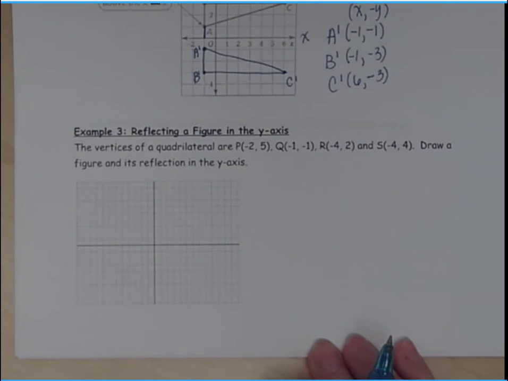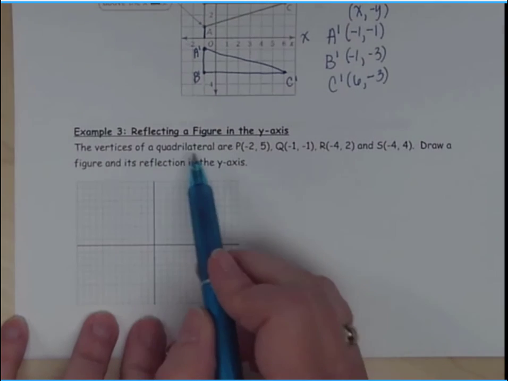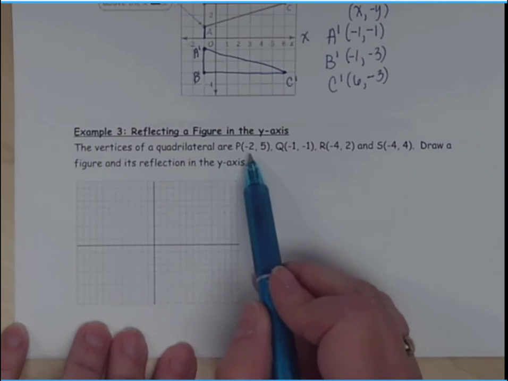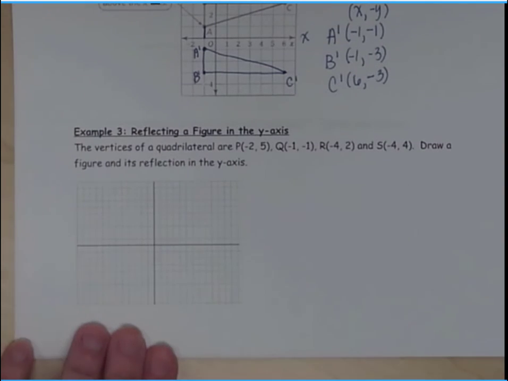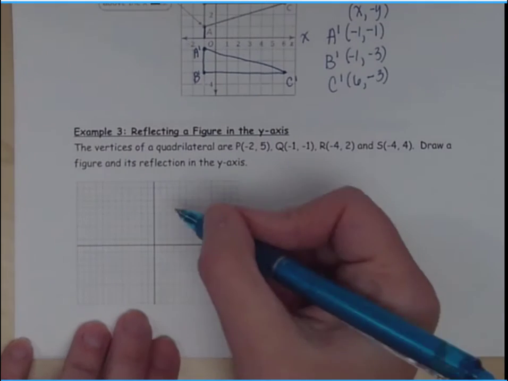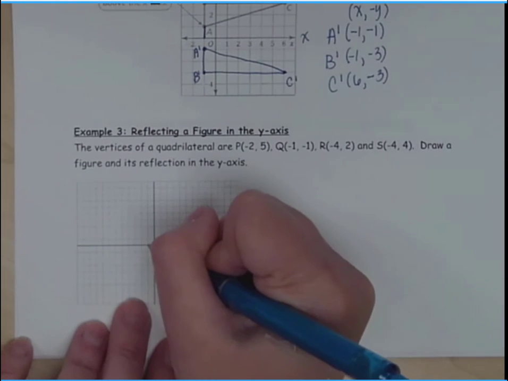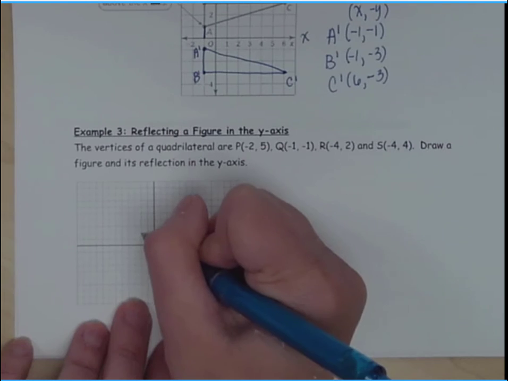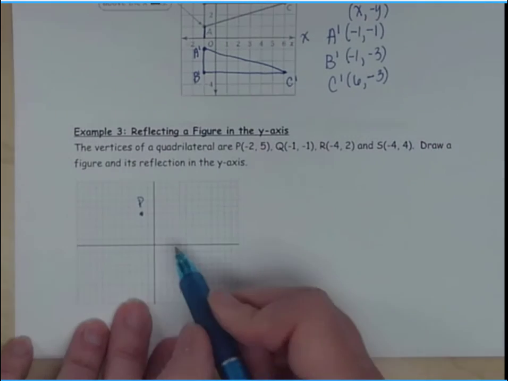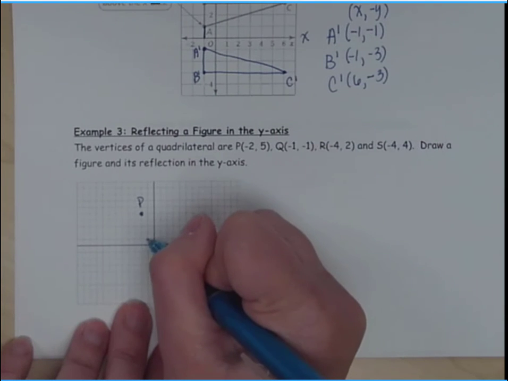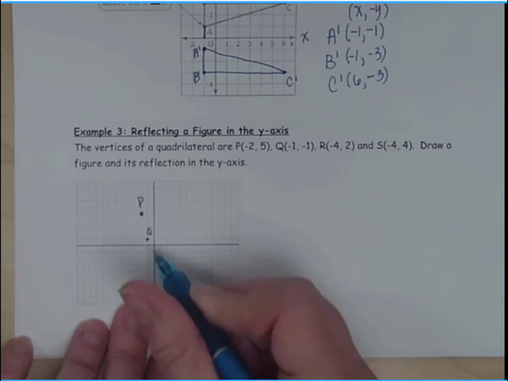So let's now take a look here at a quadrilateral P, Q, R, and S. Draw a figure and its reflection. So I'm going to go ahead and draw P, which is at -2, 5, 1, 2, 3, 4, 5. So that's point P. Q is at -1, -1.